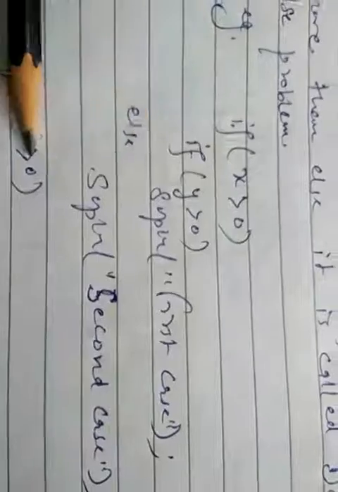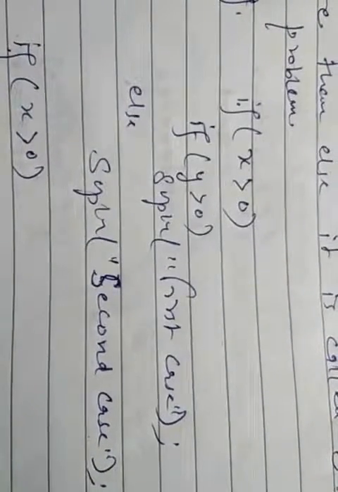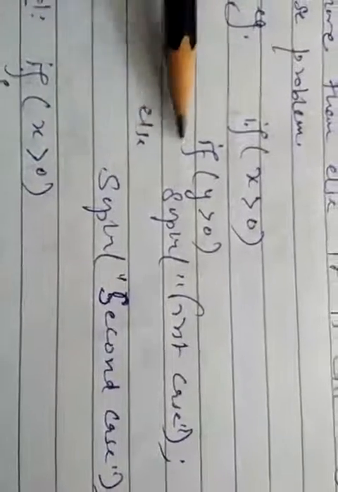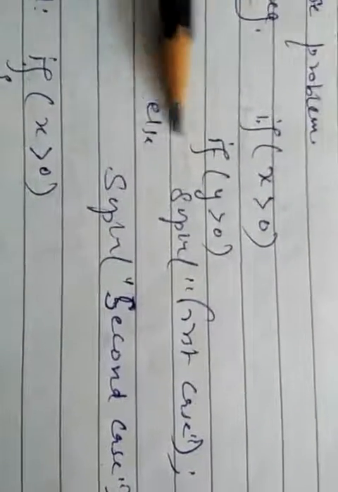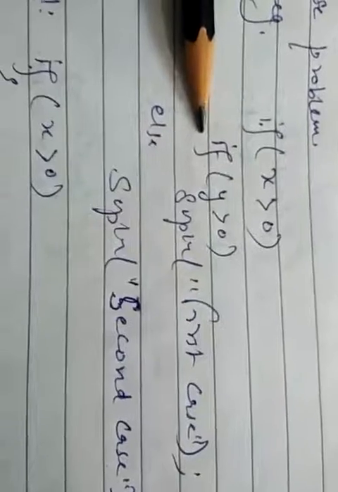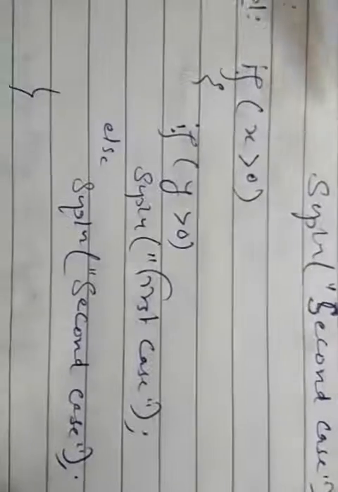So by default, when there are no curly brackets, the else will be of the previous if statement. So here this else is of this if statement, or we can make this clear with the help of curly brackets.